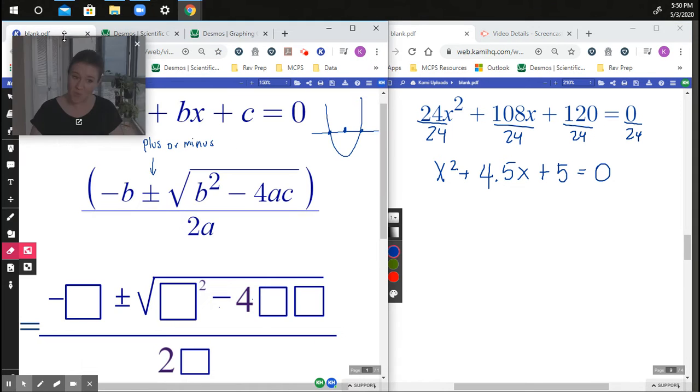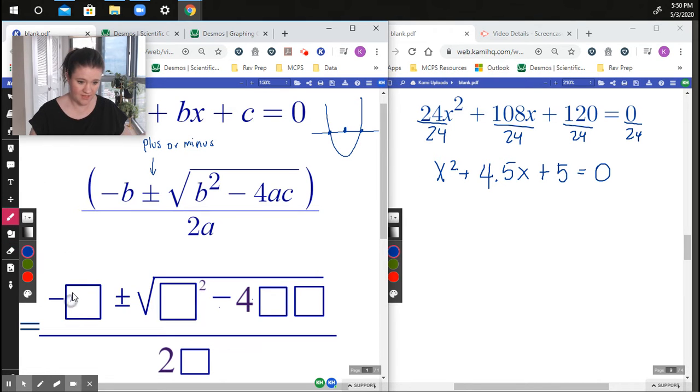But it's going to work the same way as if I use the decimal, right? So 4.5 is my b. So everywhere I see a b, 4.5, right? A, in this case, because I like to make it that way, is 1. And c is 5. Let's plug them in and go.